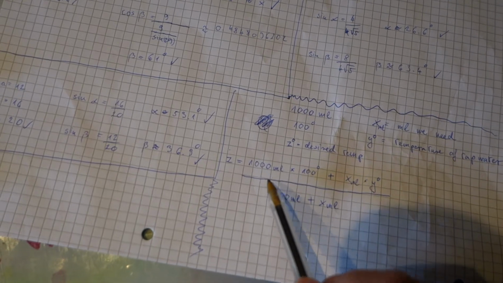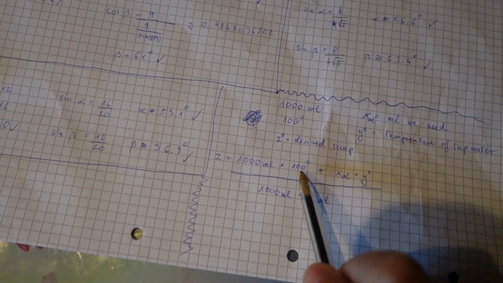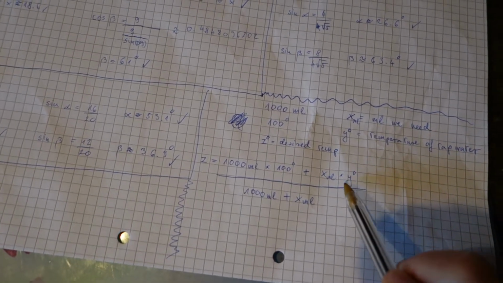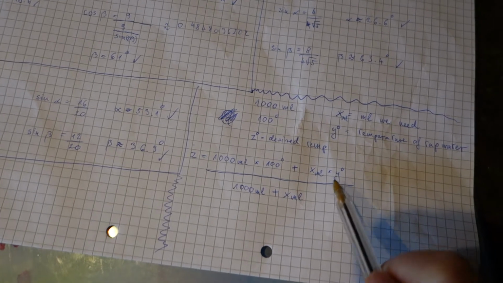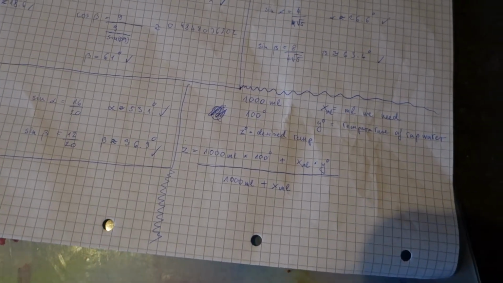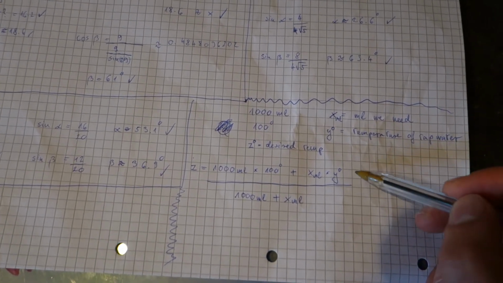So pretty much I have 1000 milliliters of 100 degrees water, X amount of milliliters of whatever degrees of tap water, which is around 20 degrees, but I have a thermometer just to measure it, so I have an exact value.